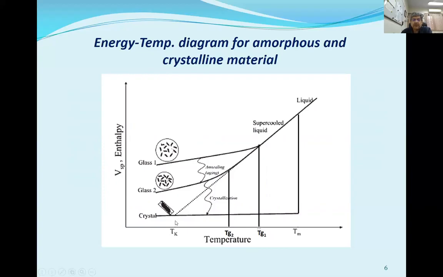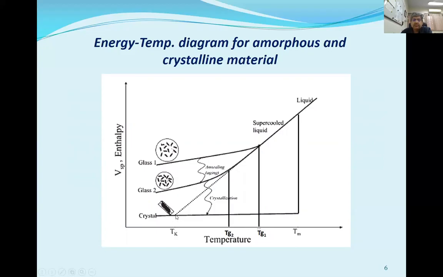This is called the Kauzmann temperature, and at this point the enthalpy of the glass would become equal to that of the crystalline state. And if it continued falling down, the enthalpy would become negative with respect to the crystalline state. This lower limit, as we had discussed, up to which the glass transition temperature has to take place, is called TK, or the Kauzmann temperature.